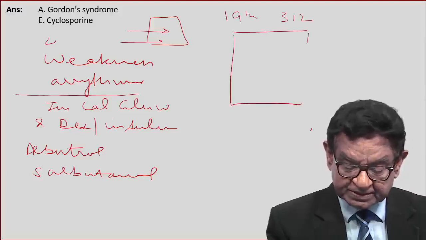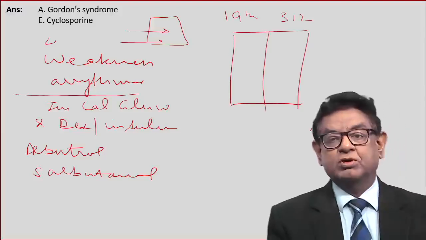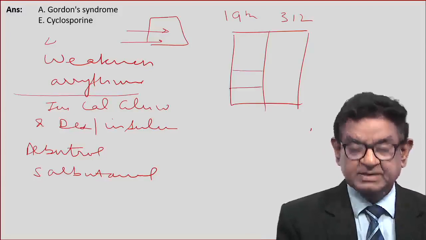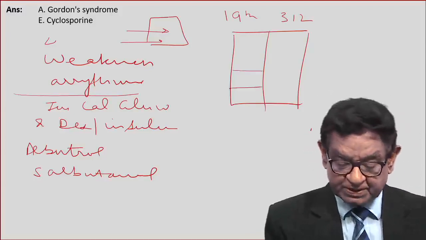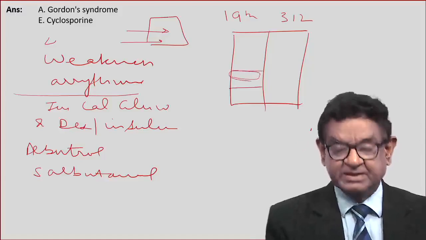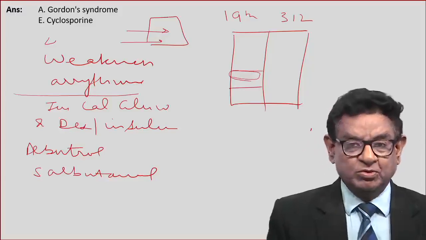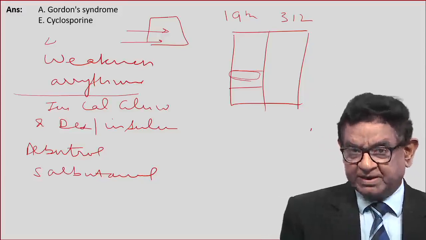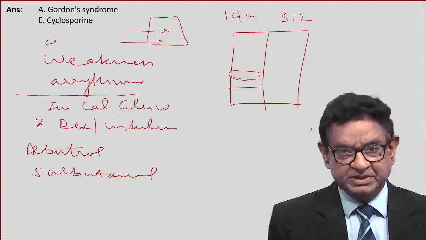It has two columns, left and right. On the left side, second paragraph from the bottom, the first line, it is written, soda bicarb has no role in the treatment of hyperkalemia. I cannot give a better reference than Harrison 19th edition.